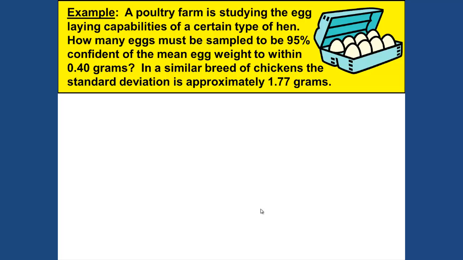After reading the problem, you will need to determine what the question is asking us to do. In this problem, there's a question mark. So what does that sentence say? That sentence says, how many eggs?